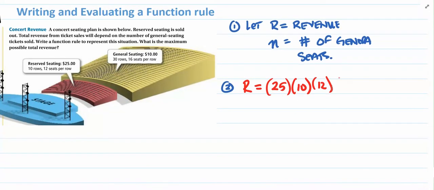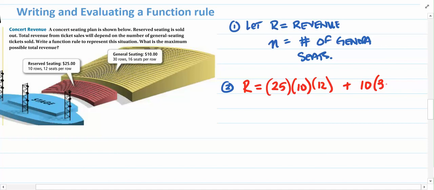Then I'm going to add to that, okay, the same idea. The general seating costs $10, okay, and I have 30 rows possible, 30 rows, and then I have 16 seats per row. All right, so this would be the total number of seats that I could make in general, all right?